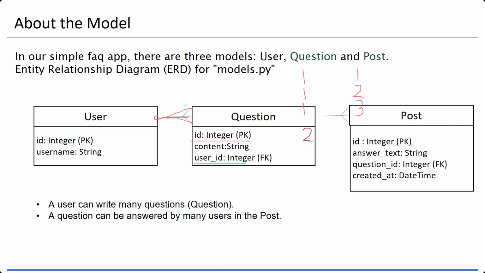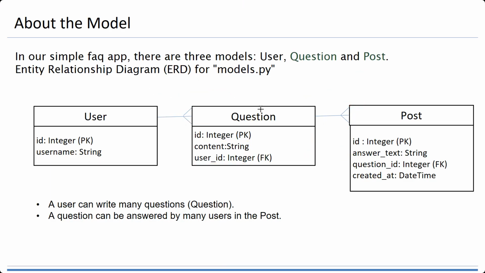User 2 can create ID 4. User 2 can create ID 5. So every user can have many IDs. But one ID in the question will have only one user. So we have this one-to-many relationship.